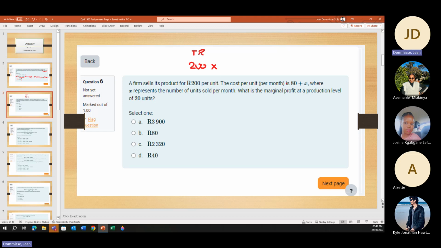The cost per unit is 80 plus X. So that is total cost. Okay, so first let's work out what is your total profit. The total profit will be total revenue minus total cost.